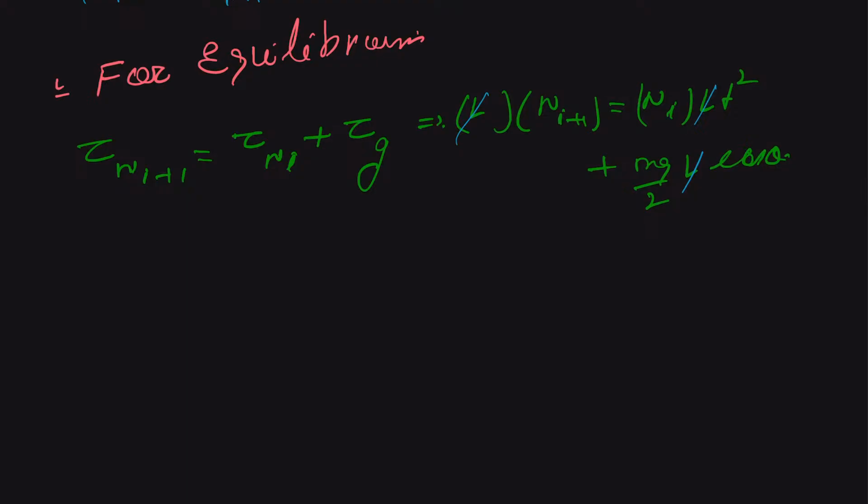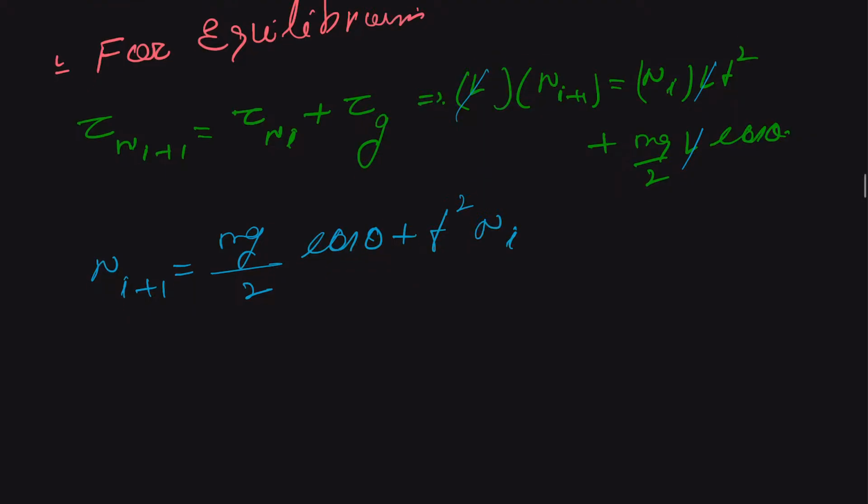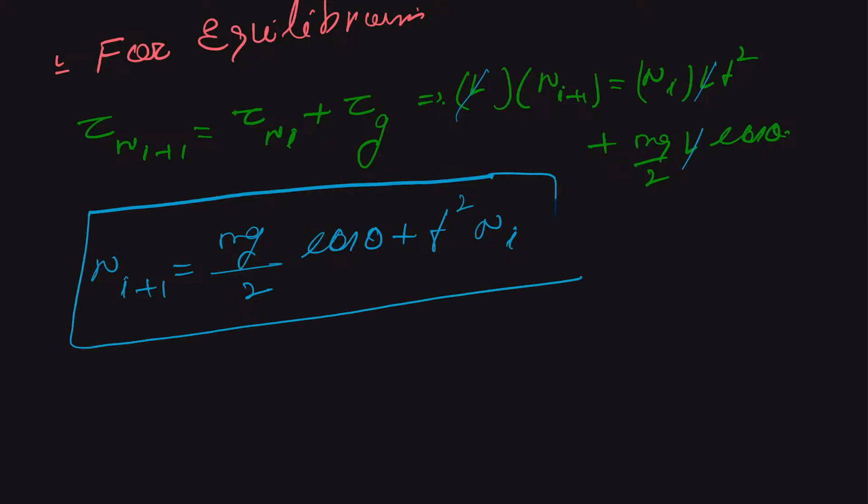Therefore, we get that our N of i plus 1 will be equal to mg by 2 cos of theta plus t square N of i. So we can treat this equation as a general equation for our normal. Okay. And if we substitute values of our i as 1, 2, 3 and 4, we are going to get all the values.